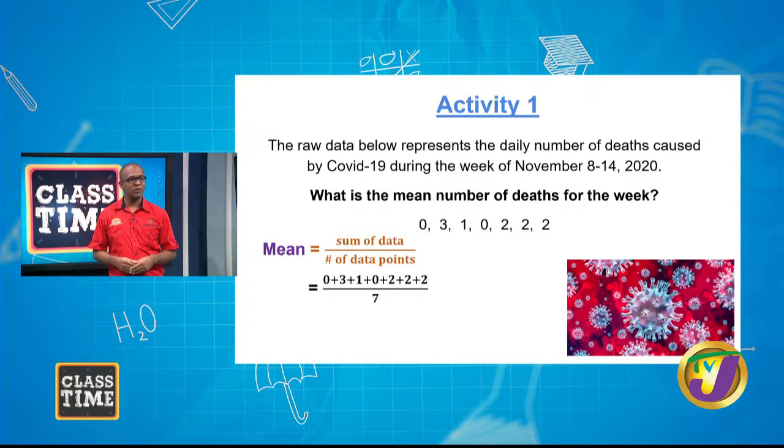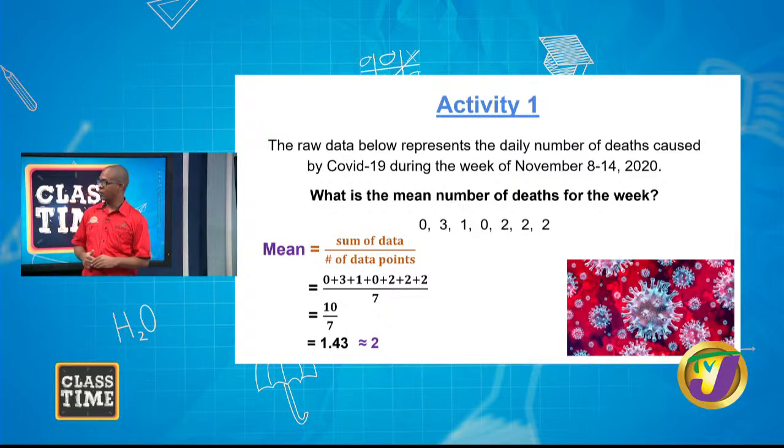All right. And that would be, as is here, 0 plus 3 plus 1 and so on, divided by 7, which is 10 divided by 7. Okay, and that gives us a value of? That gives us a value of 1.43, and that is going to be rounded to 2 deaths per week. Wait, Tyrone, hold on here now.